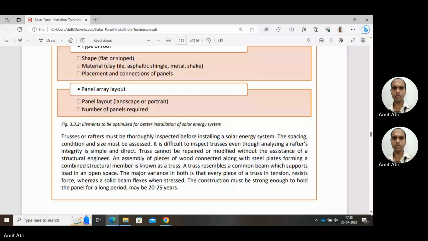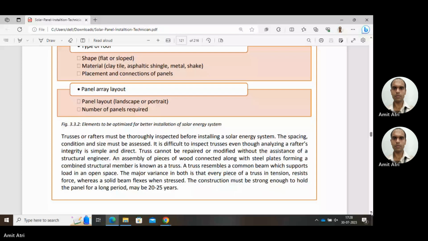So a truss resembles a common beam, which supports load in an open space. What is the difference? The truss resists force in tension, unlike a beam. A beam becomes flexible when we apply stress on it, so it is the opposite in the case of a truss.